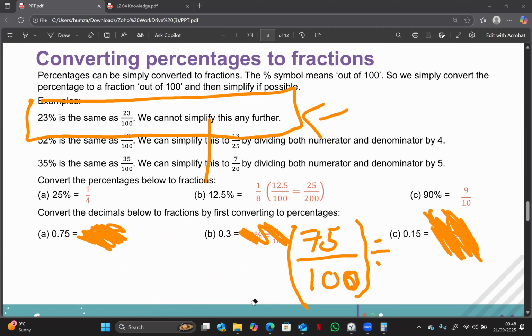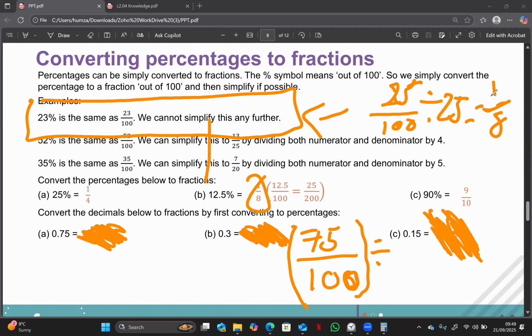Remember when we were simplifying it, here for the top one we did 25 over 100. We said that you can divide both by 25 to get 1 over 4, right? We did that, isn't it?